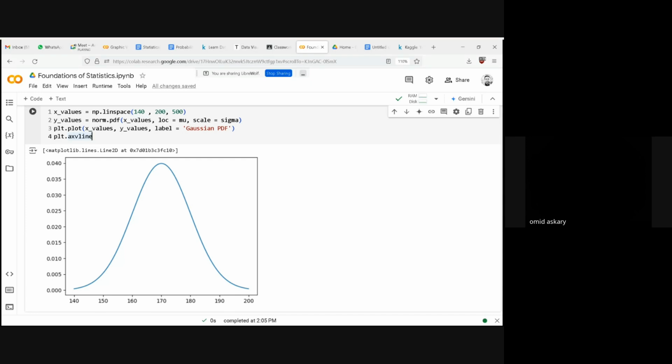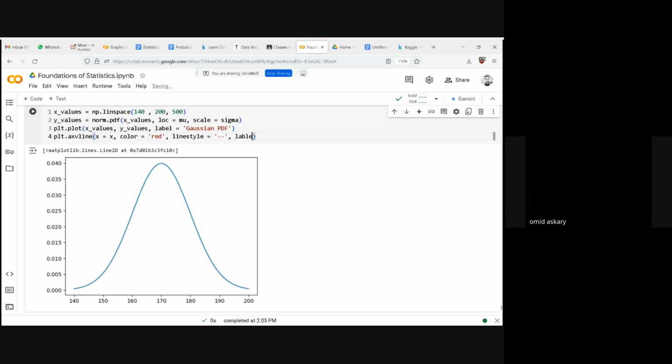For X, it will be X. Color will be red. Just assume that it will be red. Line style will be just dashed lines.